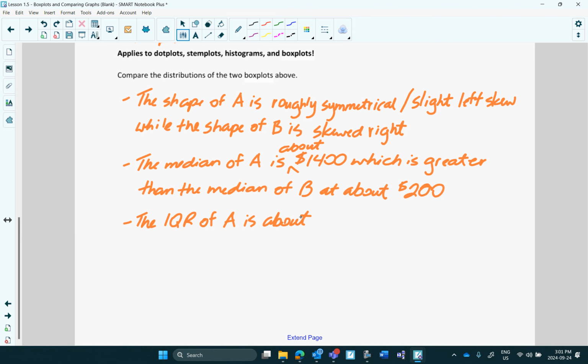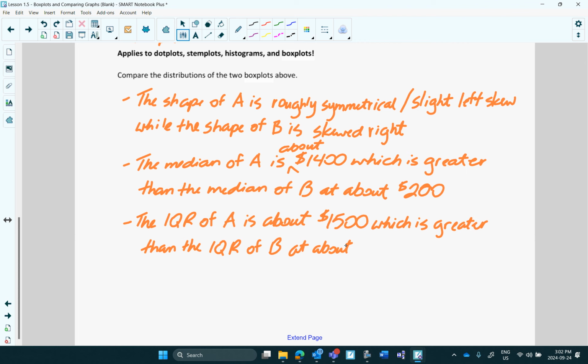So therefore the IQR is about 1500, which is greater than the IQR of B, at about $500, because the left side of that box in B is pretty close to 0.